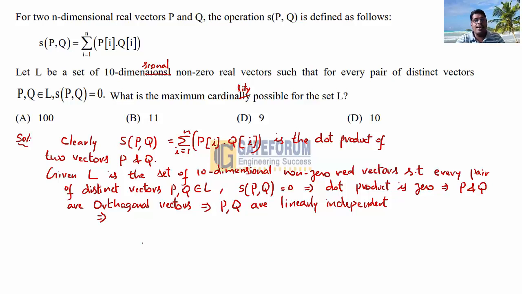And we remember that a set of all n-dimensional vectors never contains more than n linearly independent vectors. That is a very, very important property from vector algebra, that means vector spaces, a linear algebra topic. So here, real.